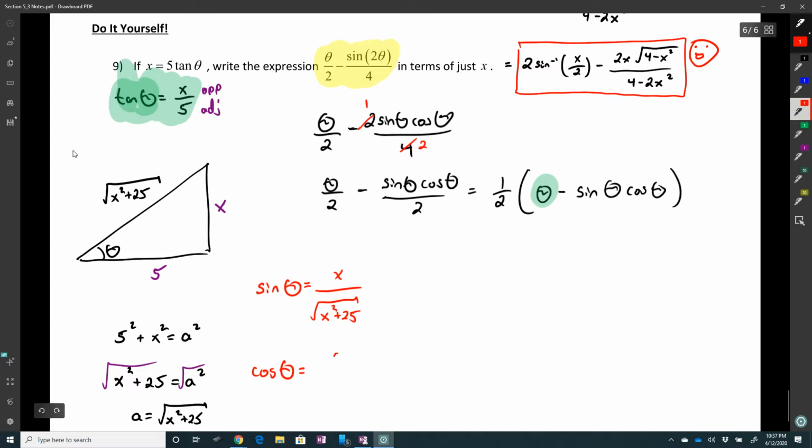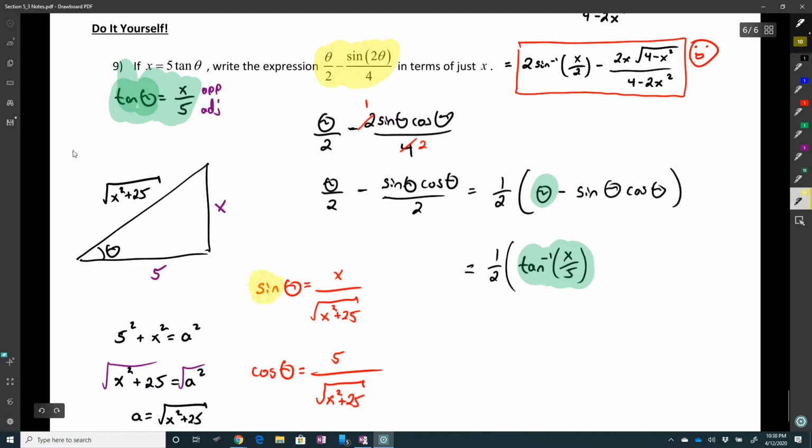Cosine theta is 5 over the square root of x squared plus 25. And now I'm just going to fill them in. 1/2 parentheses, theta is going to be inverse tangent of x over 5. So that takes care of him.